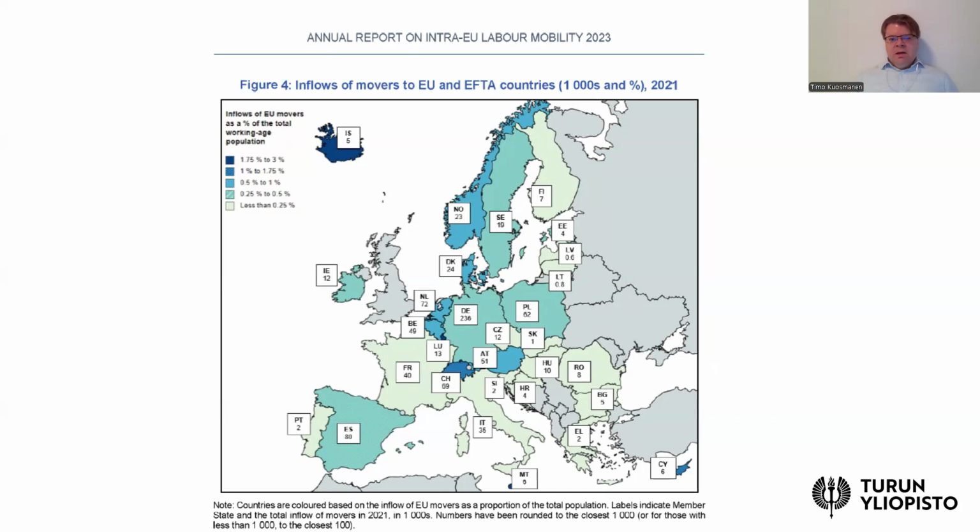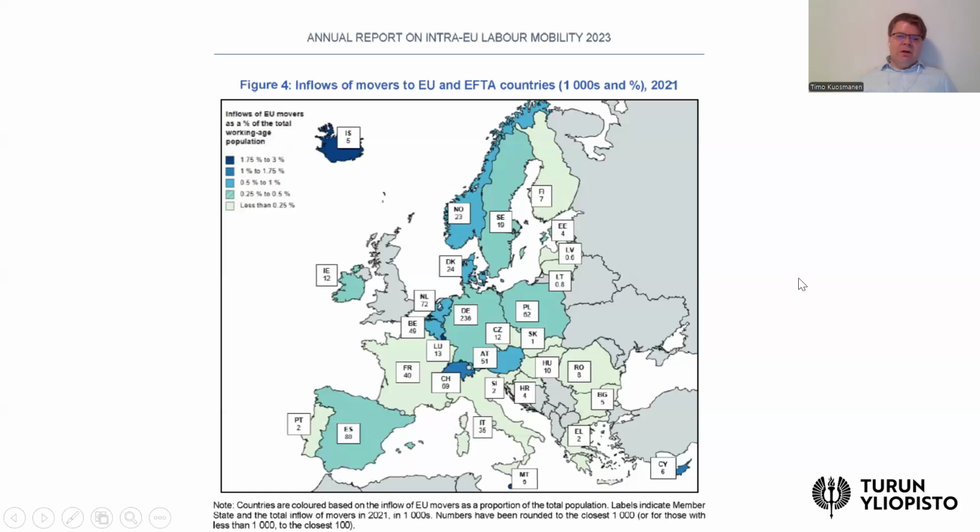So interestingly, it goes somewhat against this idea of a high degree of economic integration and free labor mobility. There are countries like Switzerland, Norway, and Iceland that have this dark blue color.